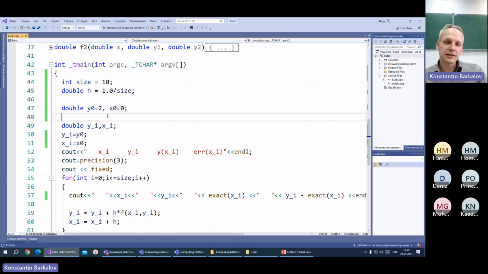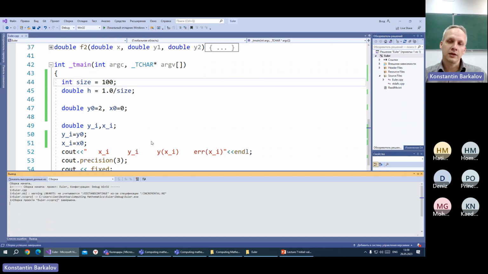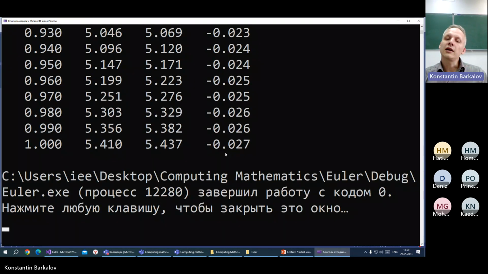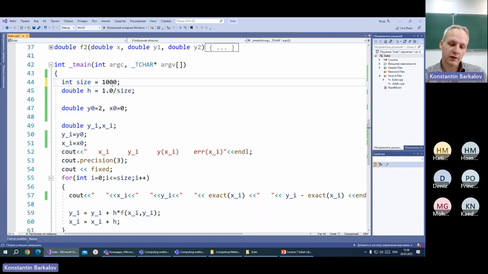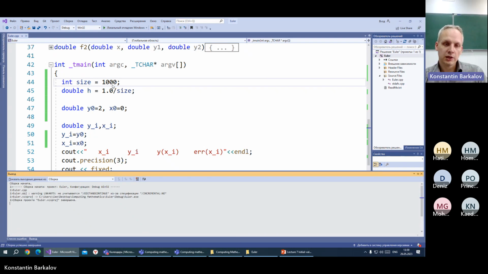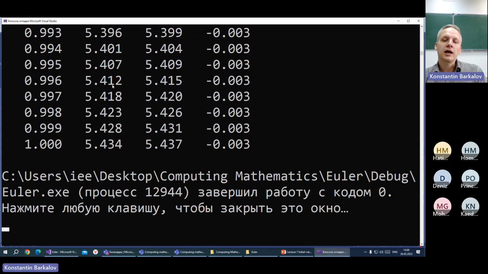If I decrease the step, or in other words, increase the number of columns in the table, compute 100 points, the error becomes 10 times smaller. If I compute 1000 points, not 100, but 1000, the error becomes 10 times smaller too.